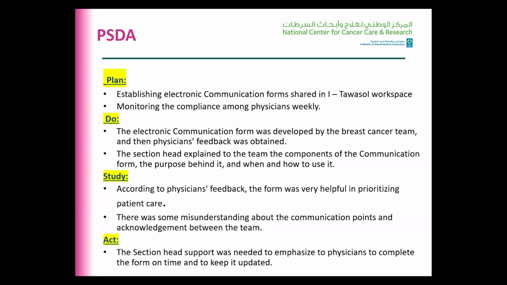In the study phase, according to the physicians' feedback, the form was very helpful in prioritizing patients' care. There was some misunderstanding about the communication points and acknowledgement between the team. In the act phase, which is the final phase, the section head's support was needed to emphasize to physicians to complete the form on time and to keep it updated.